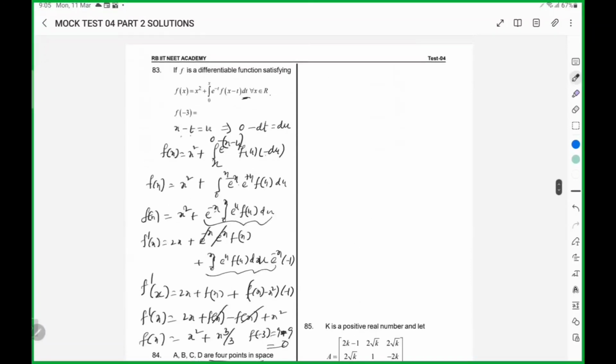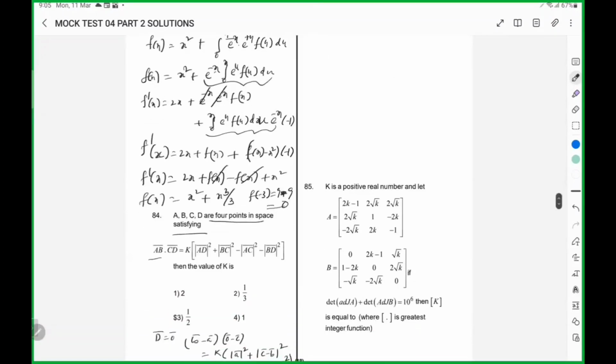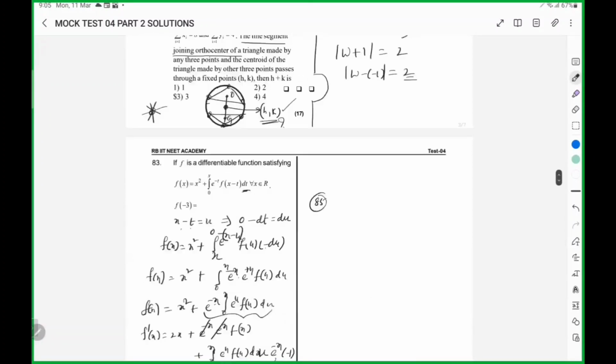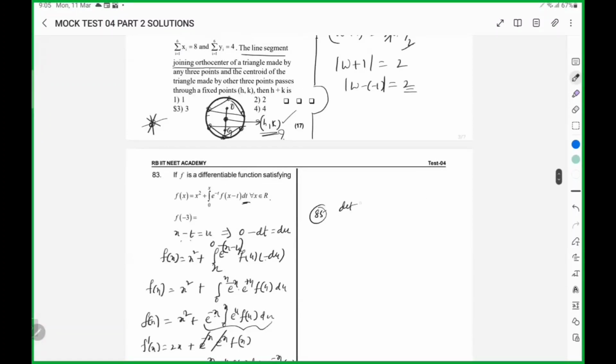So this problem number 85, determinant of adjoint B at B power n minus 1. The order is 3 by 3 matrix. N value is 3.